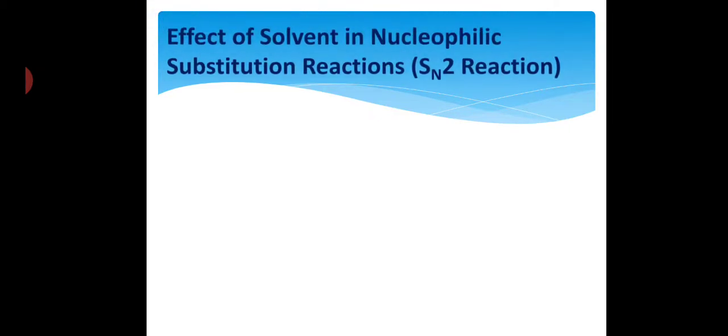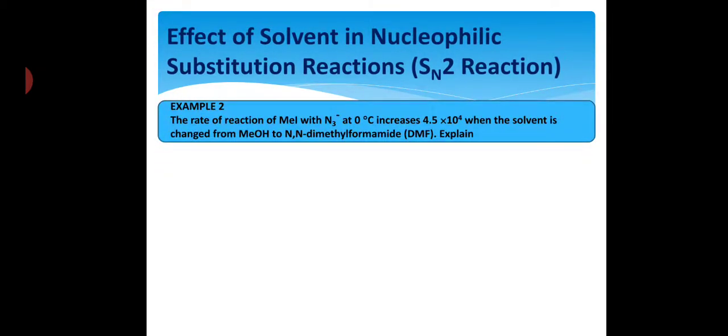Now let us look at another example. The rate of the reaction of methyl iodide with azide ion at 0 degree centigrade increases 4.5 into 10 to the power 4 when the solvent is changed from methanol to DMF. Why is it so?